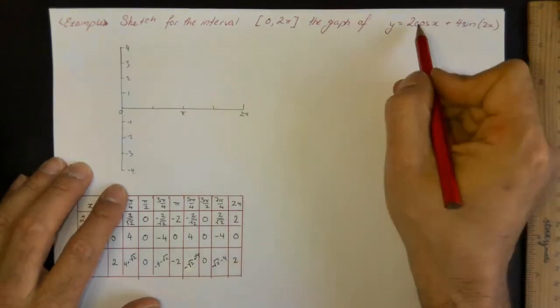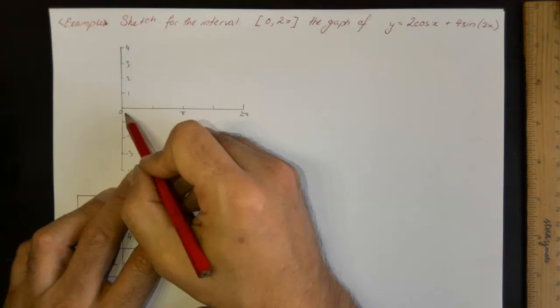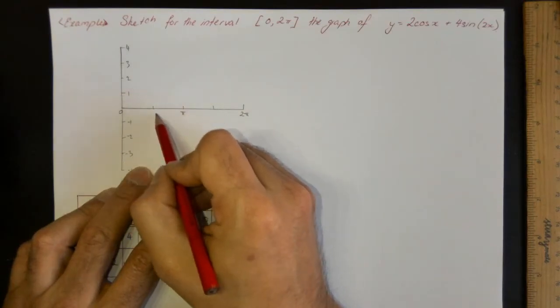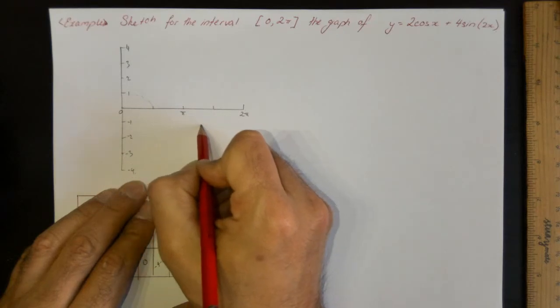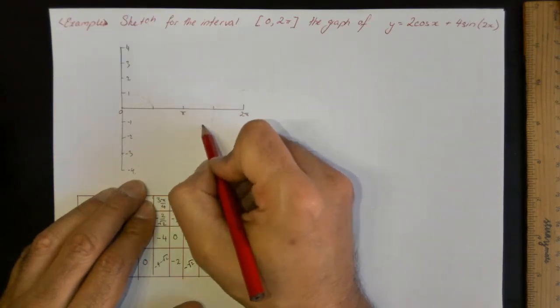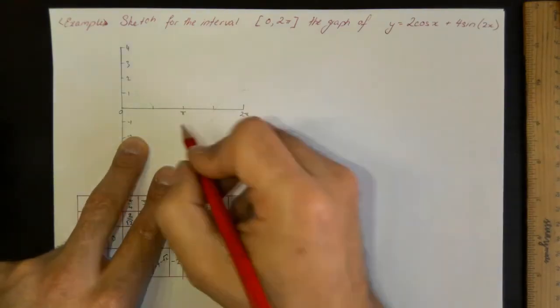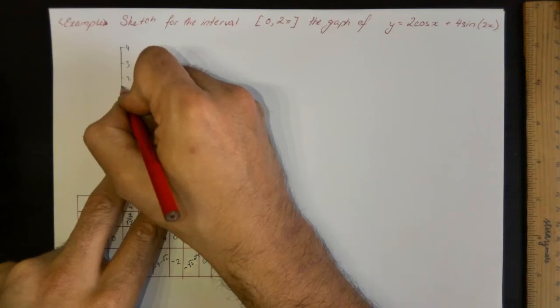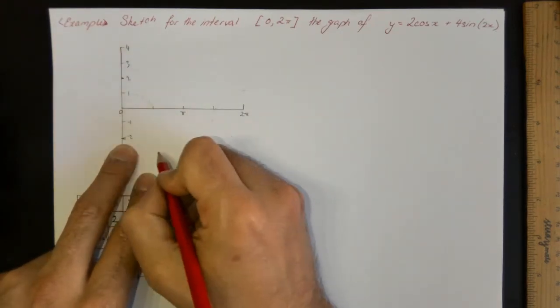Let's look at the first one. We've got y equals 2 cos x. So our normal cos x looks like that. But we've increased the amplitude by 2. So they're going from here to here.